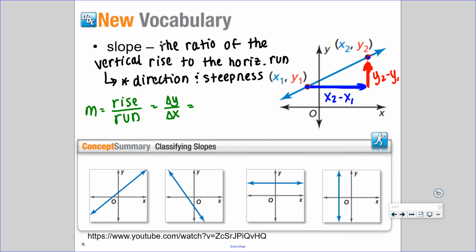Or this, you probably remember from Algebra 1, our little slope formula to calculate slope. And we have it written right here for us because I know my change in y would be the difference in my y coordinates, y2 minus y1, over my change in x, x2 minus x1. Remember that?